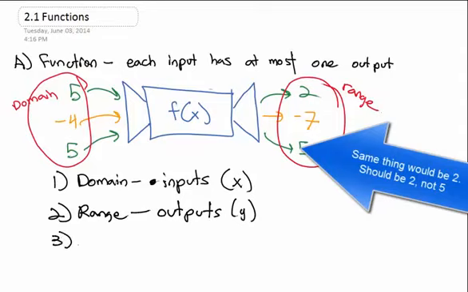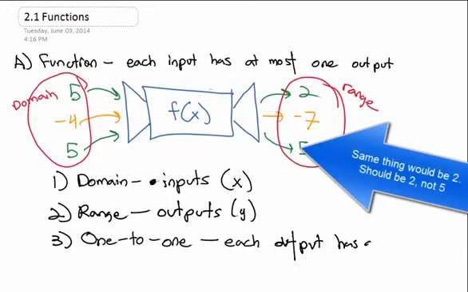And then a special type of function is called a one-to-one function. That simply means that each output, spell output, right, has at most one input.